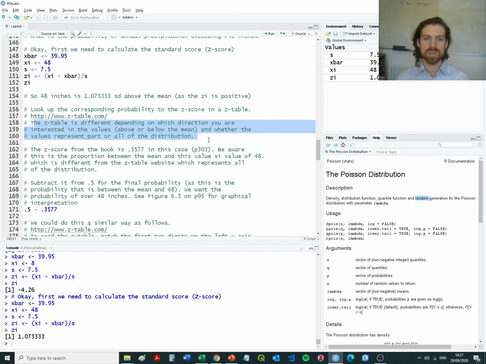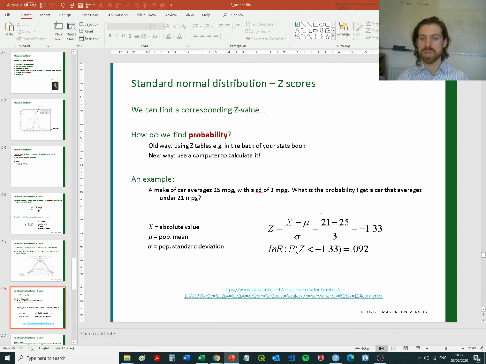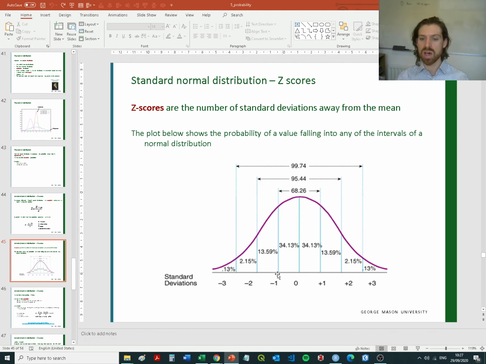So I've already emphasized this. That's, I think, why it's important to try to visualize the distribution. And that's quite nice within the book because they show you those two different graphs, and it helps you to think about where your data points are spread. So if you have the mean here, then anything that's negative is going to fall below this part here, your z-score is negative, it's going to be a value falling down here.